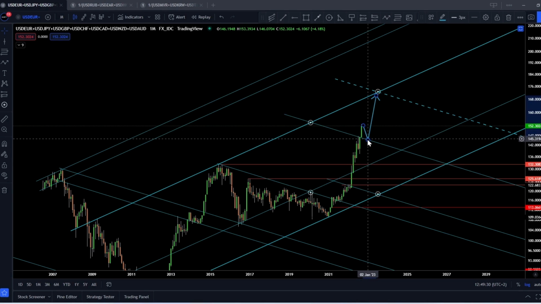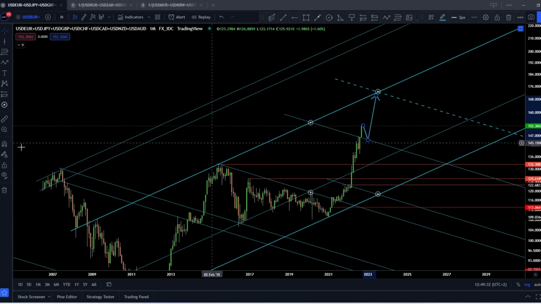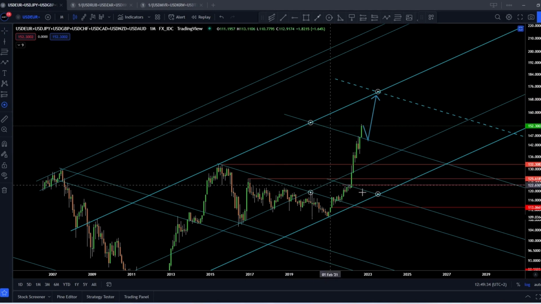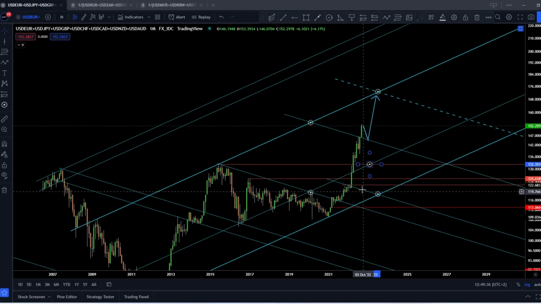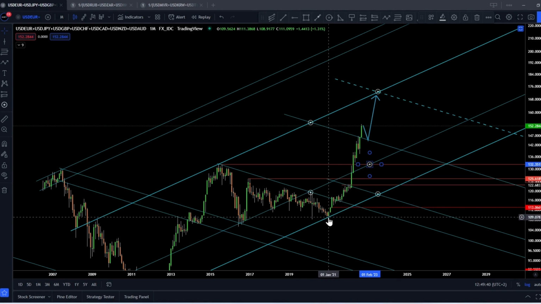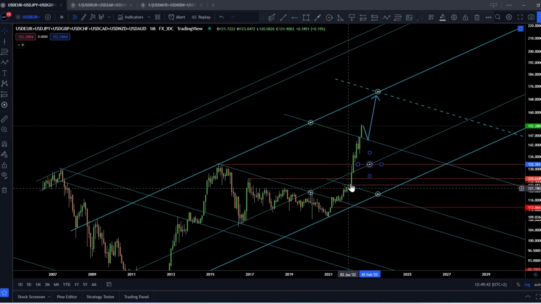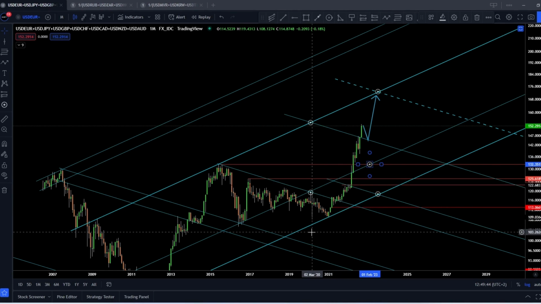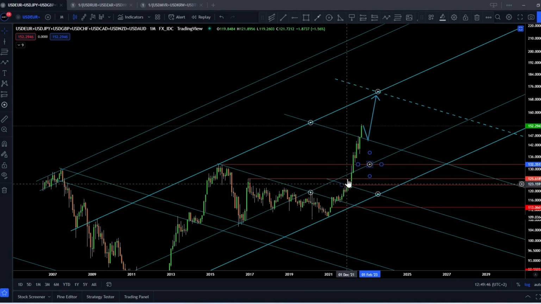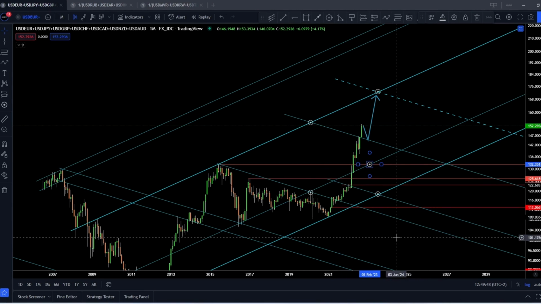So we can correct back to this support, but we let other support areas intact, because as we see, since the bottom here in January 21, we had no significant pullback to prior support levels. So none of these supports, or resistance, I have to say, once cleared, converted themselves to support.